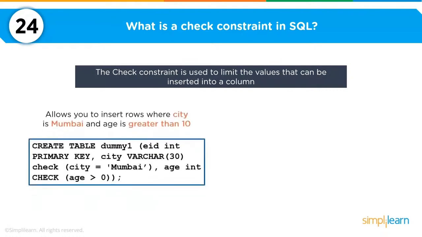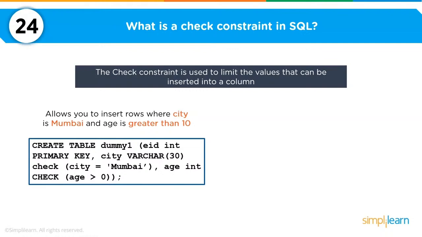For example, we have a table here, let's say dummy1, and you want to ensure that every time you insert the age of persons in the table, age should always be greater than 0. Reason being, a person cannot have, or an animal cannot have, or a tree cannot have a negative age.